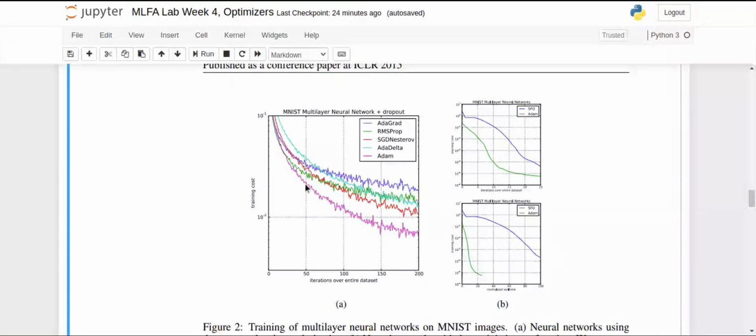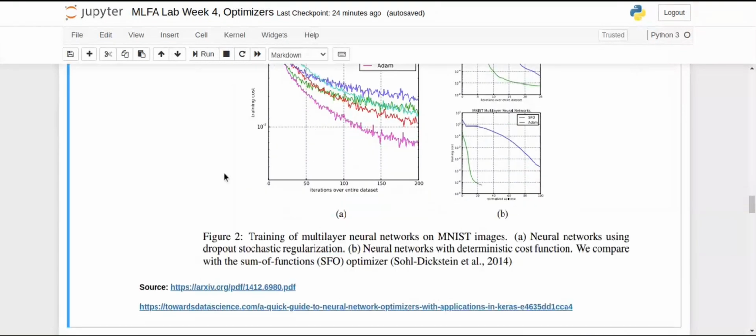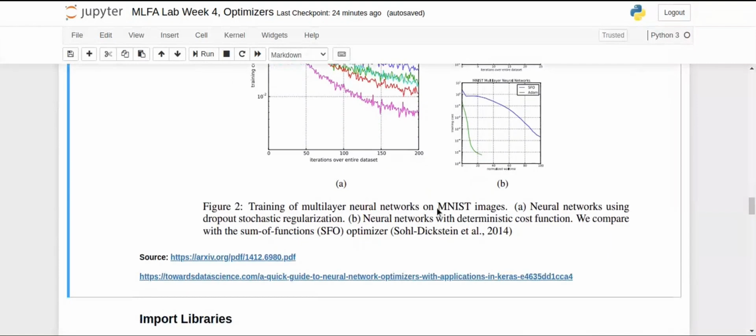I will also show in my coding example how the adam optimizer reaches the minima first. This is for the MNIST dataset, for CNN, which I have already discussed in the previous lab. And this is the actual link of this paper.